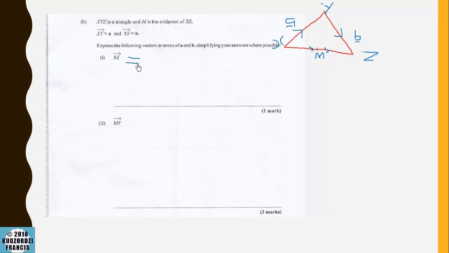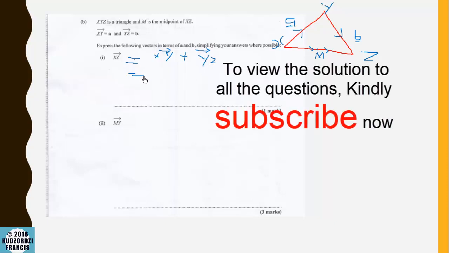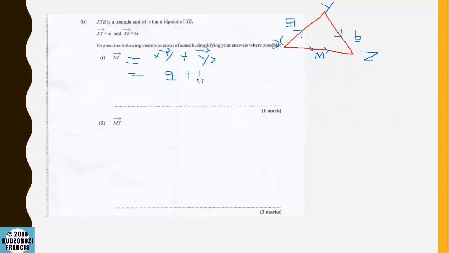We know XZ is equal to vector XY plus vector YZ. So this will be equal to A plus B. Vector MY. So let's connect this.